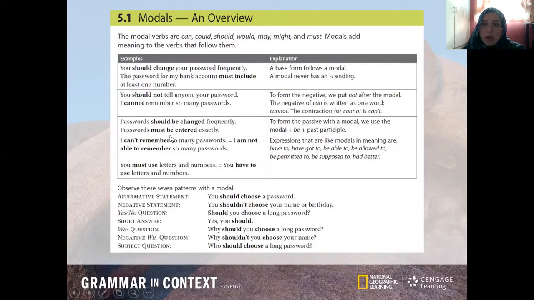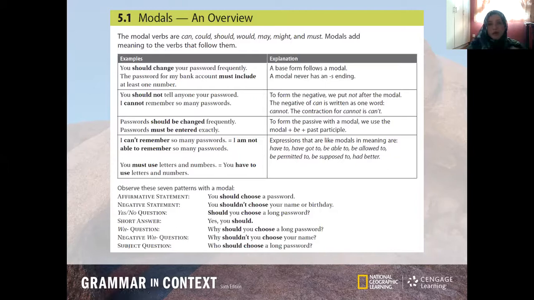But when you have a modal verb, the be verb will retain its base form. So it will be something like passwords must be entered exactly. Entered will be in the past participle, and the be verb will retain its base form because it is following a modal verb. So I hope you understand and remember that.